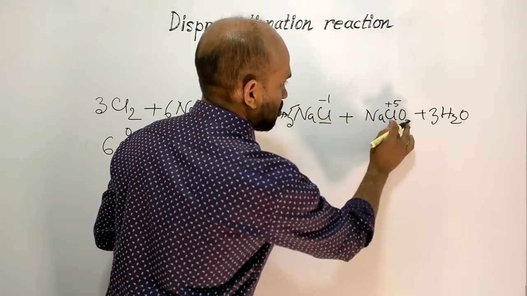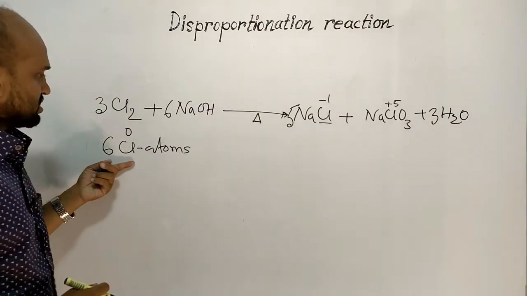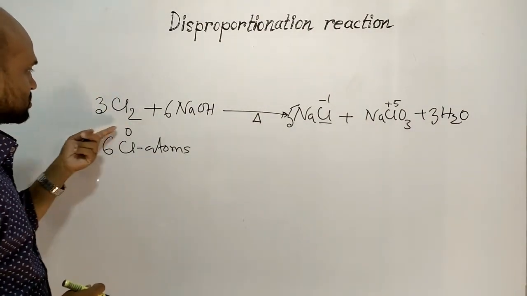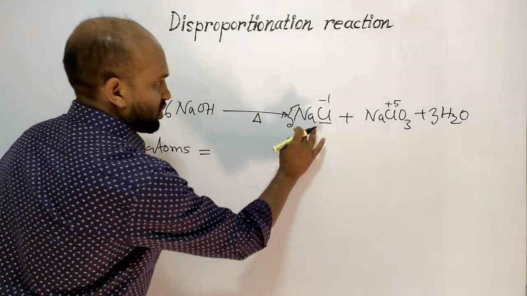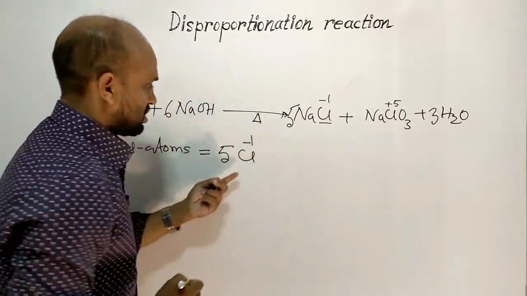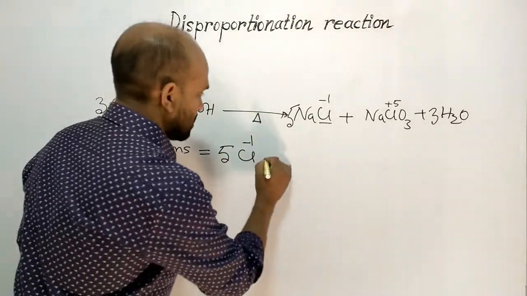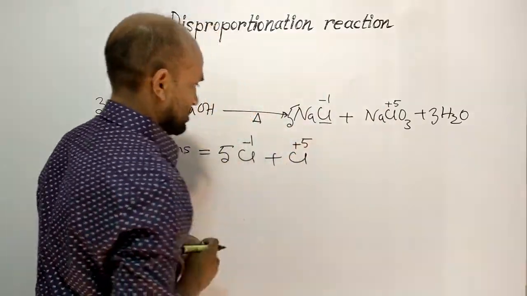That means 1 chlorine atom is oxidized. So in this reaction, from these 6 chlorine atoms with 0 oxidation state, 5 chlorine atoms are reduced and 1 chlorine atom is oxidized.